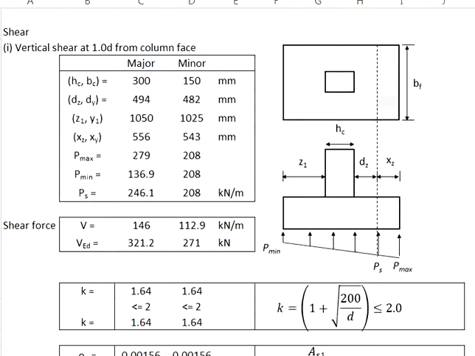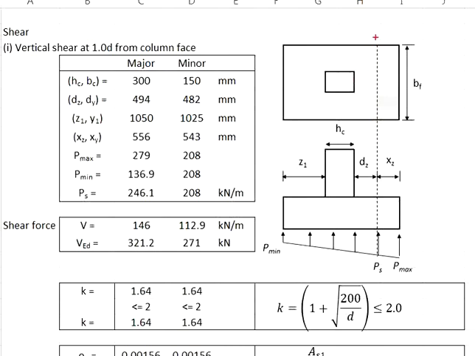Hi, let us continue with our discussions about the design of reinforced concrete pad footing subjected to axial load together with the moment acting in the major axis. Previously, we talked about checking the shear resistance of the shear plane, which is located at a distance of 1d from column face.